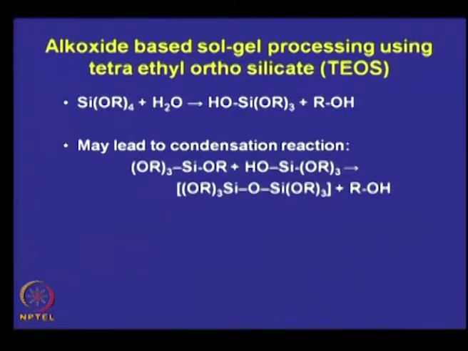One is this particular OH-SiOR3 can undergo a condensation reaction with another similar OH-SiOR3 to give you a dimer, which I have shown over here in this screen, releasing another molecule of ethyl alcohol. So, this is a condensation reaction where two hydrolyzed monomers have reacted with each other to form a dimer.